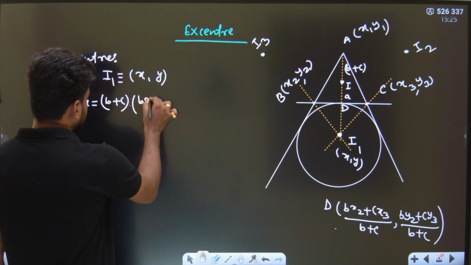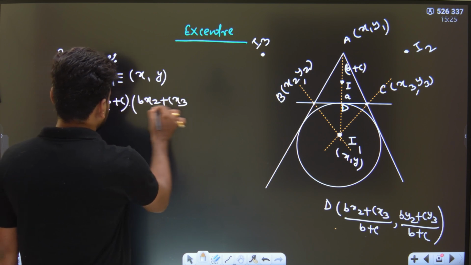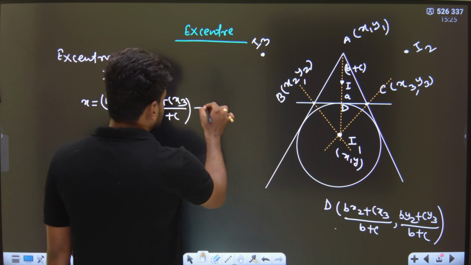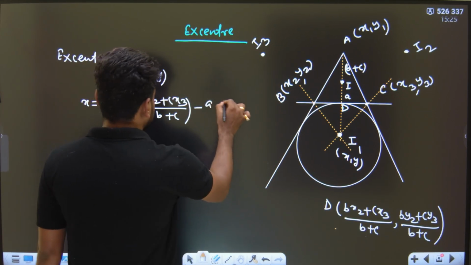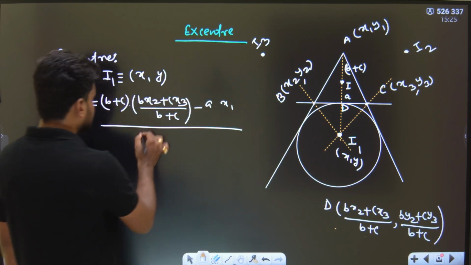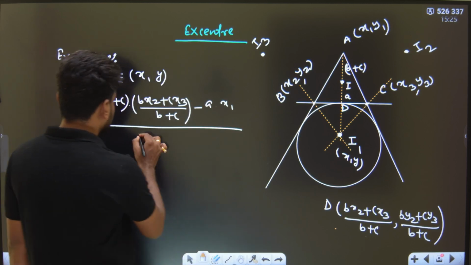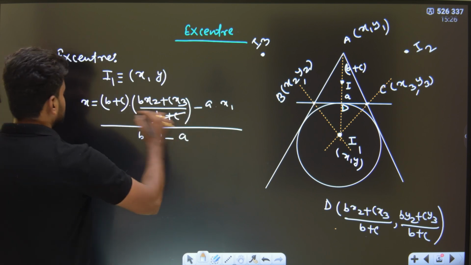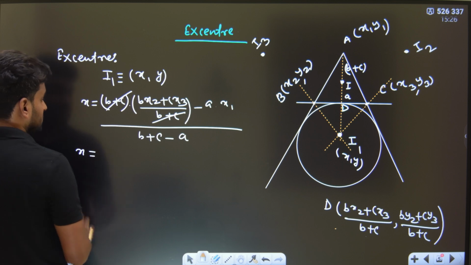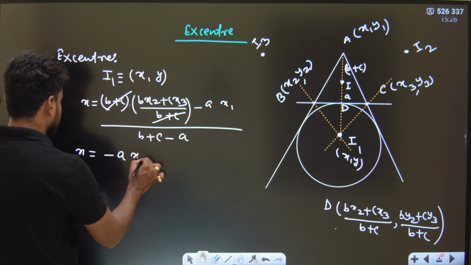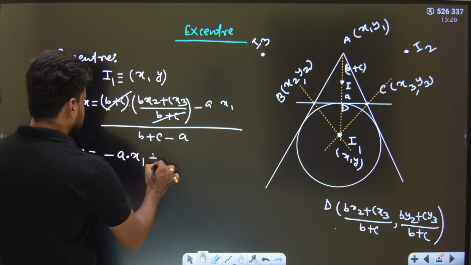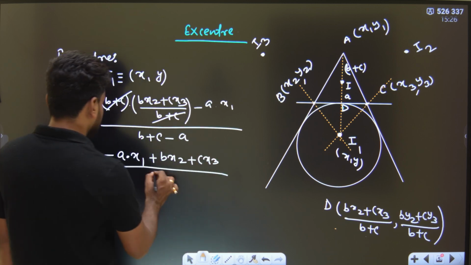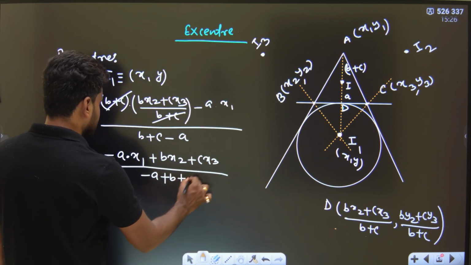So I will write (Bx2 plus Cx3) upon B plus C, minus A into x1, whole upon m minus n, that is B plus C minus A. So finally you can see this B plus C will cancel, and I got x equals (minus A into x1 plus B into x2 plus C into x3) whole upon (minus A plus B plus C).